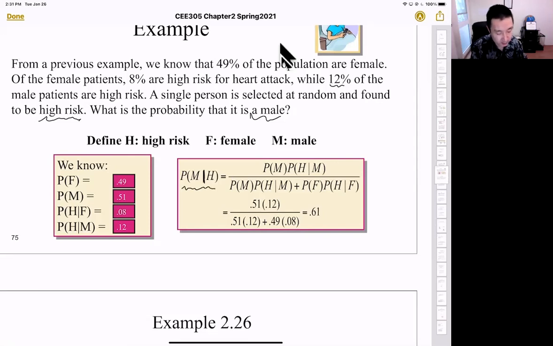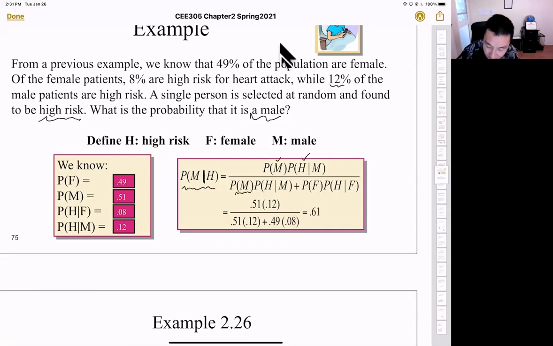Okay, so using Bayes' rule, we can use this equation. That is P(M), the probability of male, times P(H|M), the probability of high risk given it is male, over P(M) times P(H|M) plus P(F) times P(H|F).